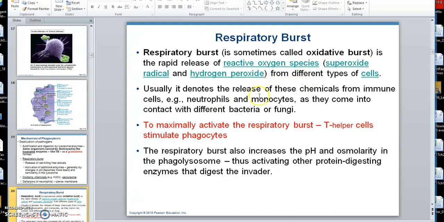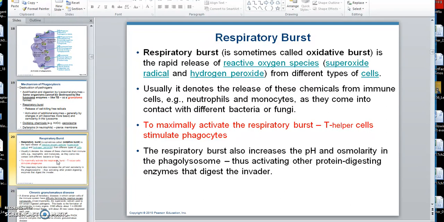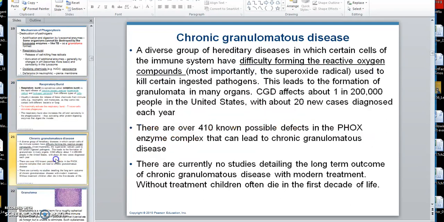Here's the respiratory burst. You can glance at it. Don't get very heavy into this. There's not really much in the book on it. Now, sometimes a person does not have the enzymes to produce the free radicals.